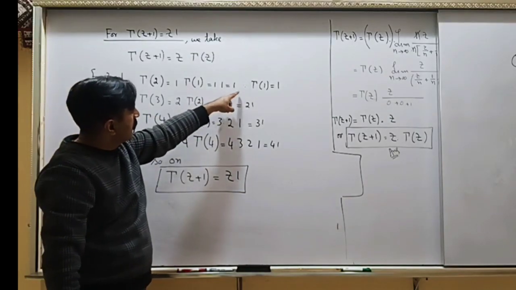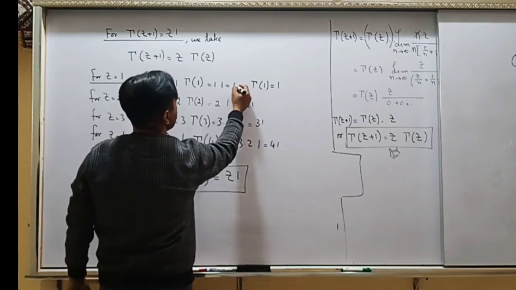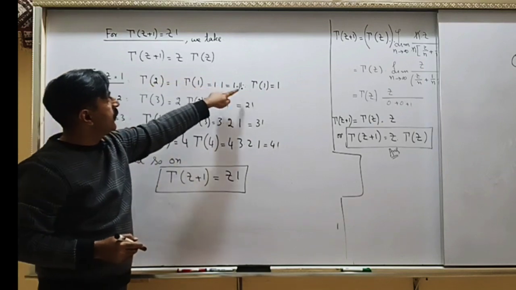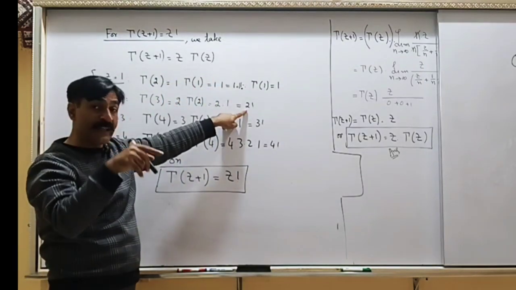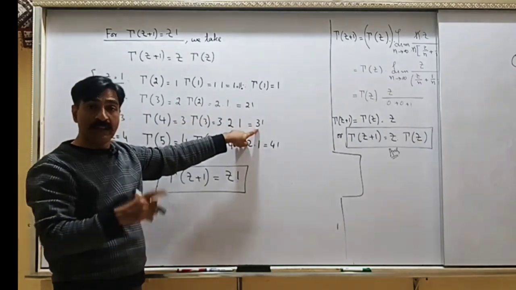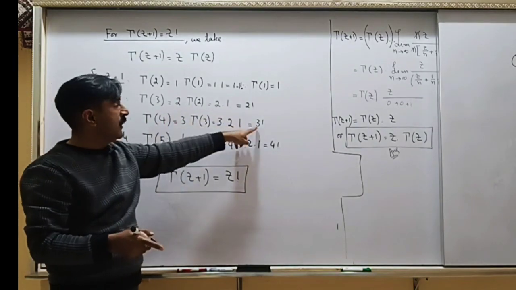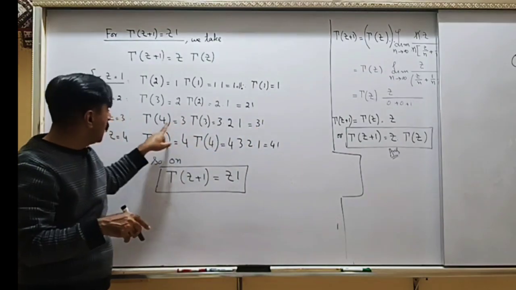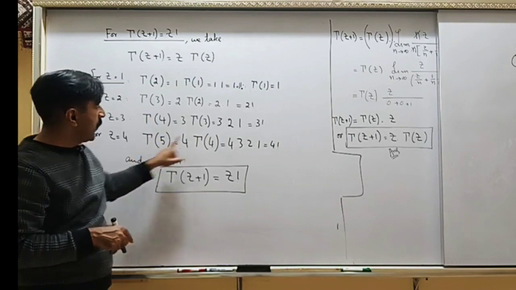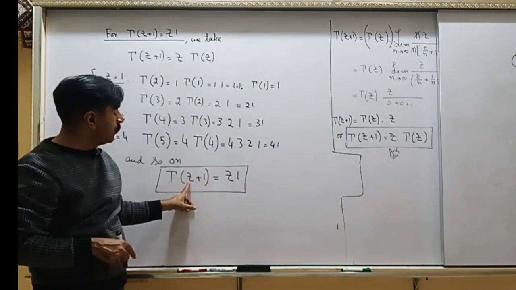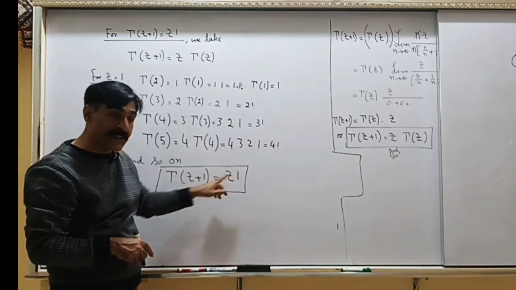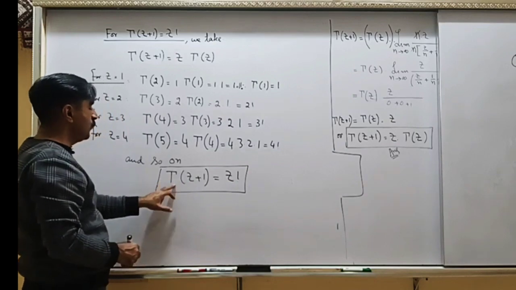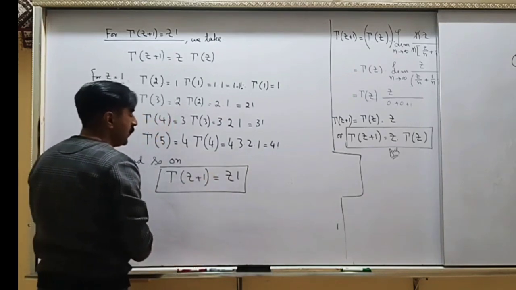By generalizing these, gamma 2 means 1 factorial, gamma 3 means 2 factorial, gamma 4 means 3 factorial, gamma 5 means 4 factorial. So factorial is of a digit which is 1 less than the argument of the gamma function. So z plus 1 reduced by 1 will give you z. This is the proof for gamma z plus 1 equal to z factorial.